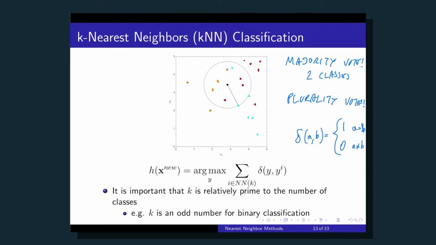An obvious instance of this is when you have just 2 classes: you always want k to be an odd number. So that's why you typically see in KNN things like 1 nearest neighbor, 3 nearest neighbors, 5 nearest neighbors, 7 nearest neighbors, etc. Because essentially you're trying to avoid even numbers.